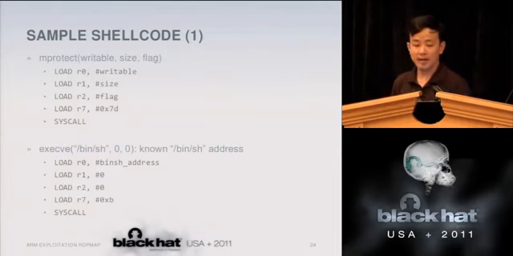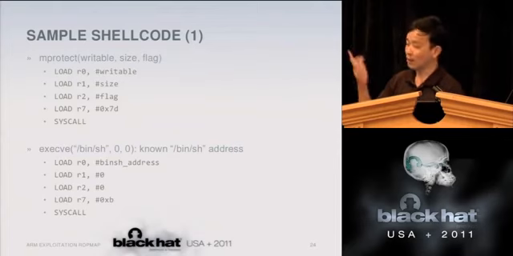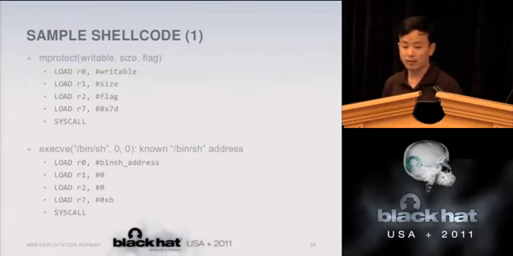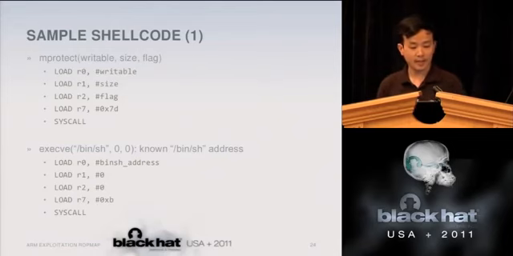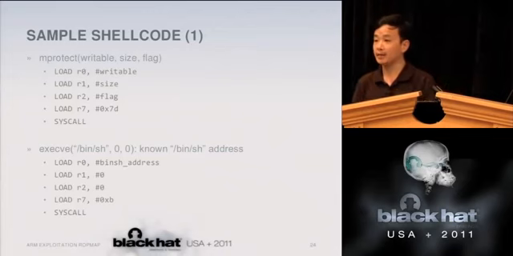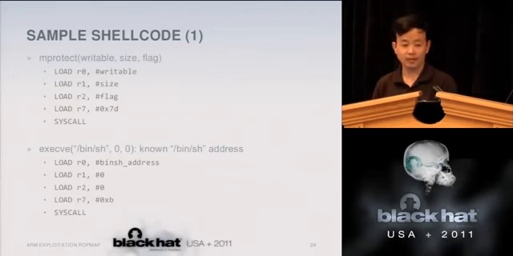On ARM architecture, it is equivalent to loading register 0 with the writable address, register 1 with the size, register 2 with the flag, and register 7 with the mprotect system call number, here 7D in hex, and then it's a syscall.